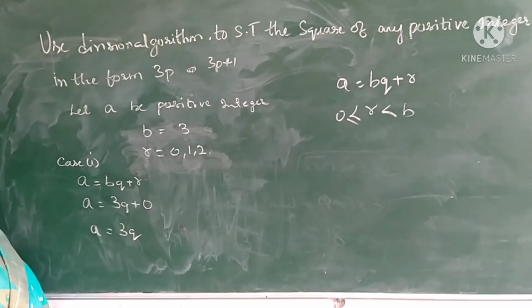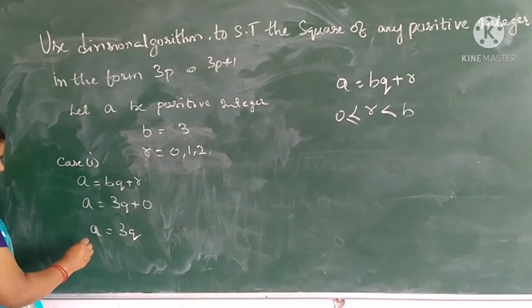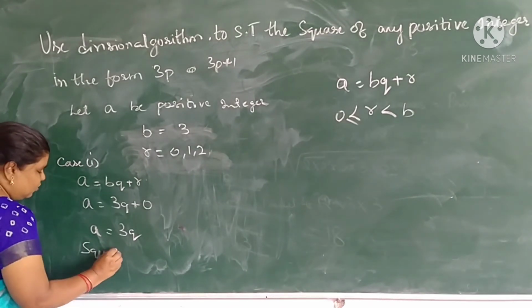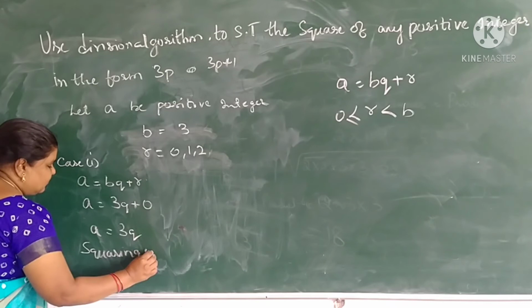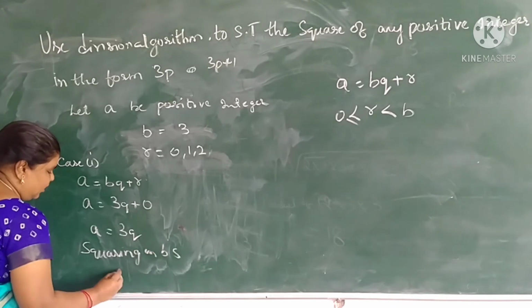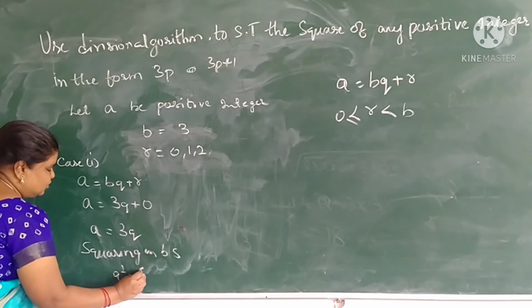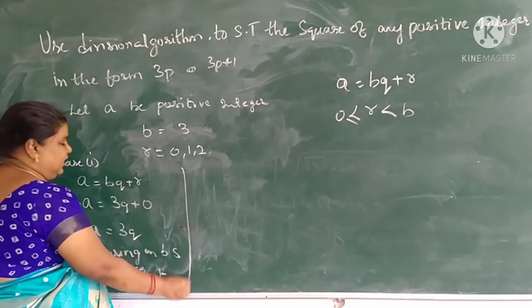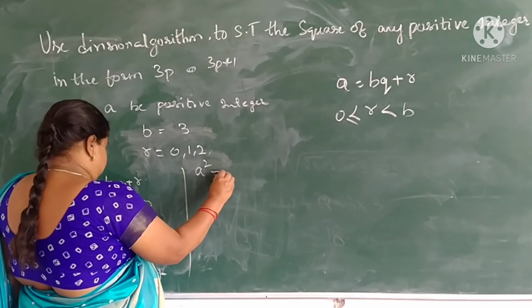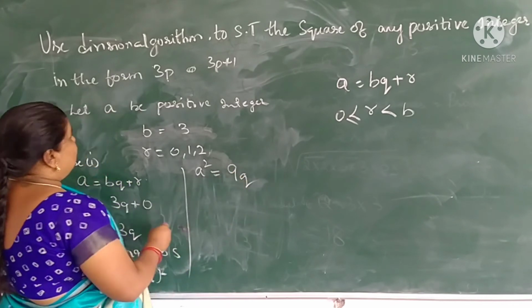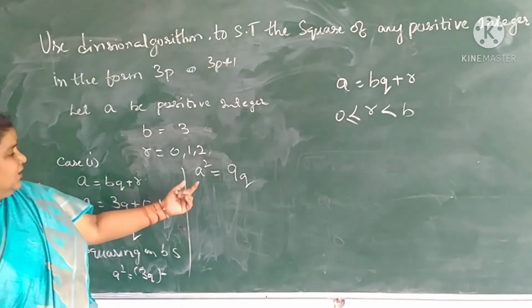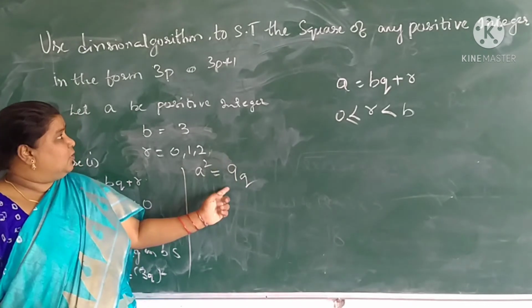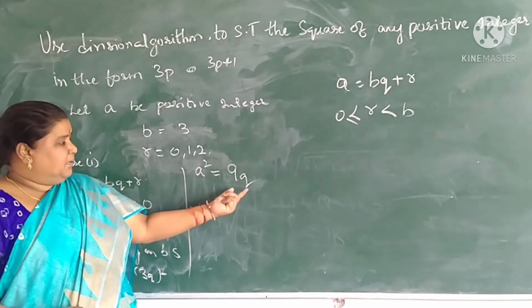So we can square it on both sides. If you are squaring on both sides, what happens? A square is equal to 3q whole square. So we are going to get a square is equal to 9q squared.